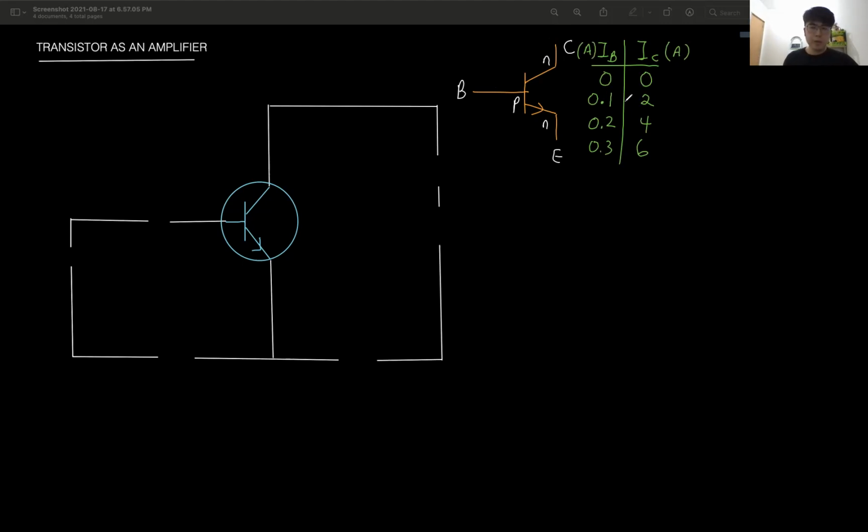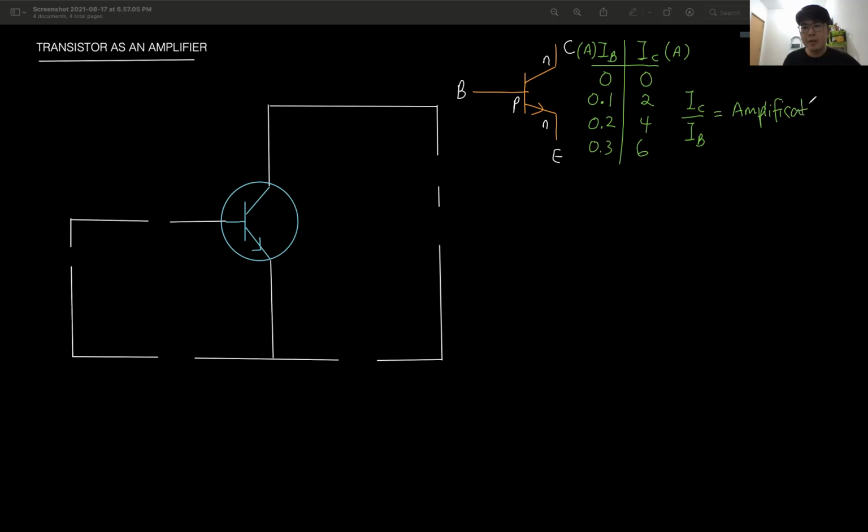Now, if I want to calculate the amplification of this particular transistor, how do I calculate it? I can take IC divided by IB. If I take the ratio of IC and IB, then I get what we call the amplification factor. Please take note, this is very important.